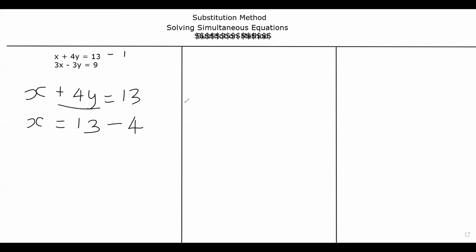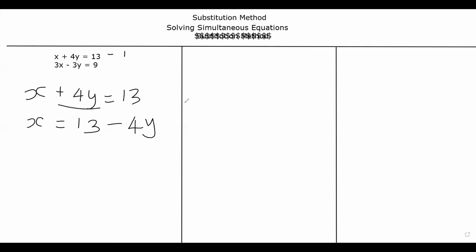Okay, now that we have it like this, notice we've equated x and said x is everything here on this other side. That's very important, because you are going to use this information to evaluate the next equation.